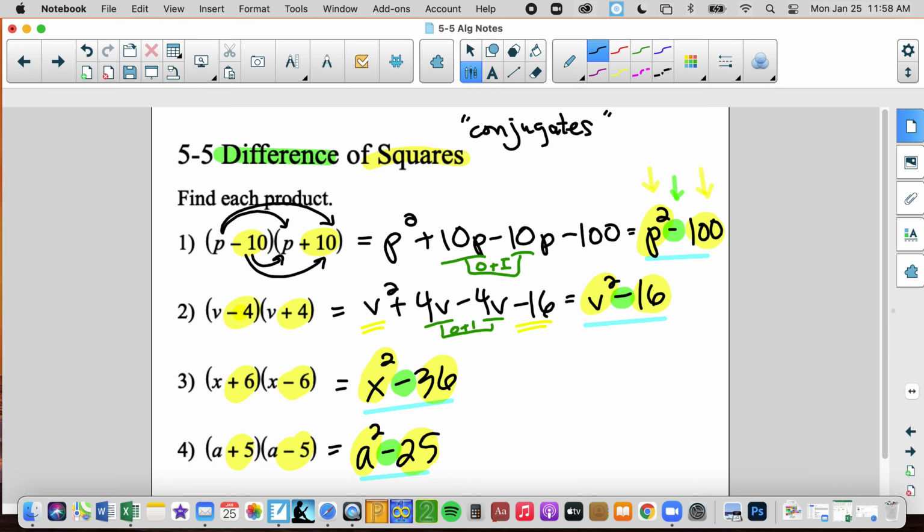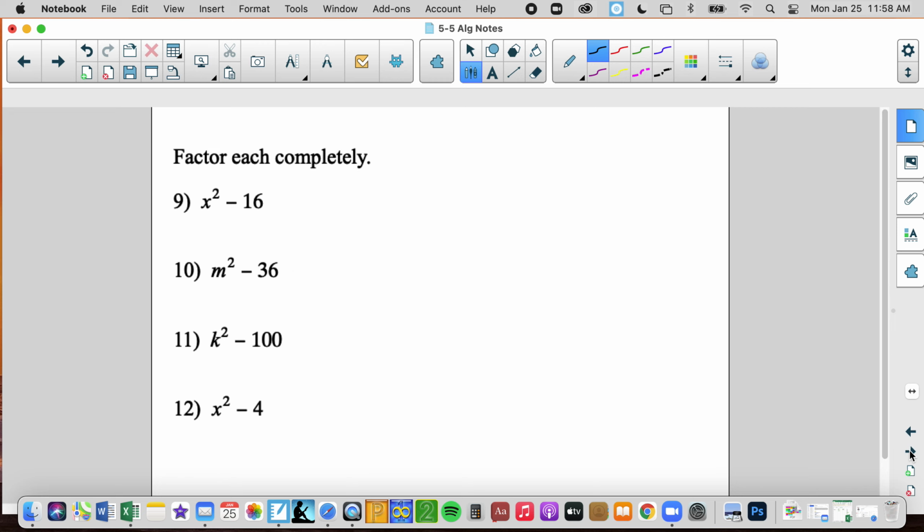So technically it produces f squared minus l squared, F standing for firsts, L standing for lasts, and you're going to subtract. So it's the difference of two squares. So let's take that and now let's reverse it. We want to see if this is the difference of squares, whether when we factor this will produce conjugates.